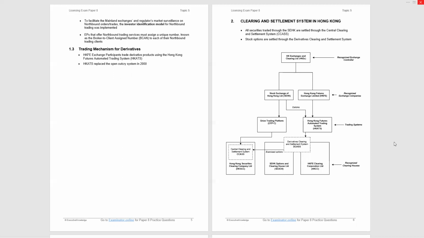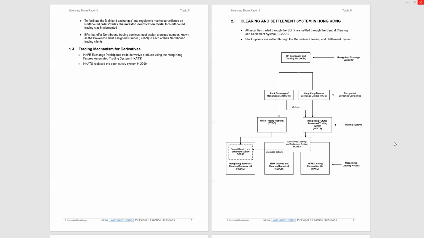But if you're dealing with traded options, which is a security, traded options are traded on the stock exchange, but the trades are matched using HKATS, the Hong Kong Futures Automated Trading System. Once you have a matched traded options trade, that's passed on to DCASS, the Derivatives Clearing and Settlement System, for clearing and settlement, and it's the options clearinghouse that will get involved.